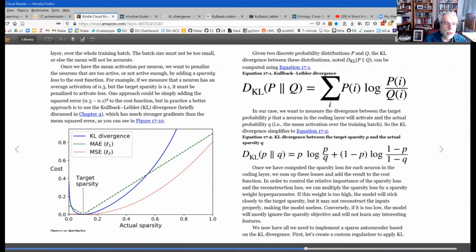So now he just takes the KL divergence and gives an expression for each neuron.